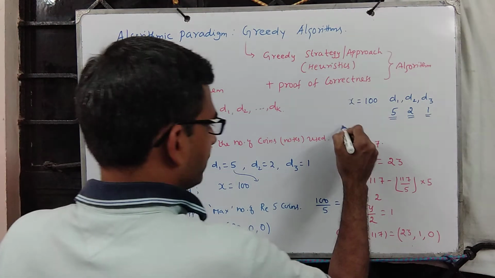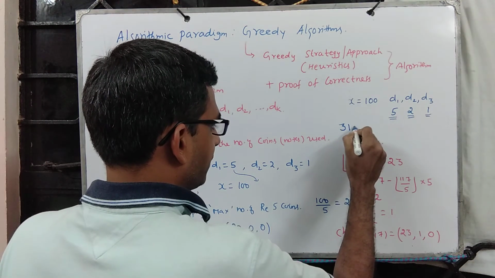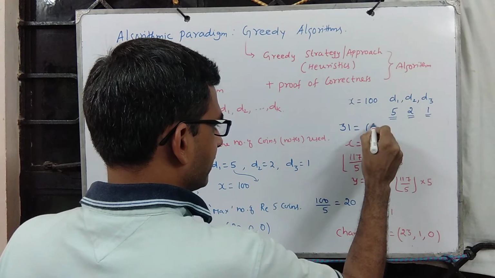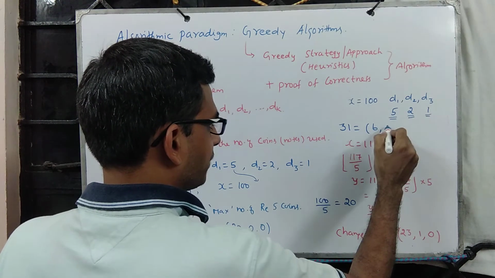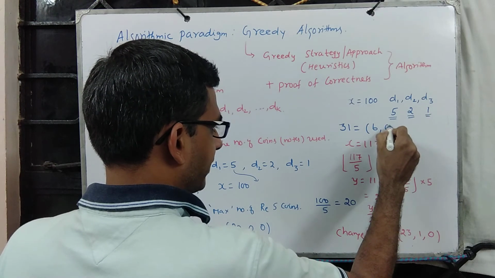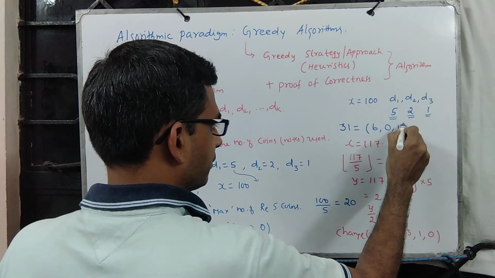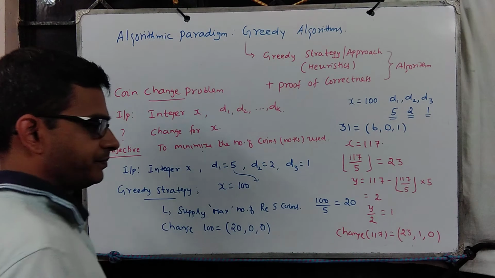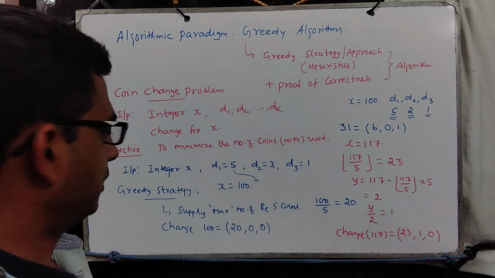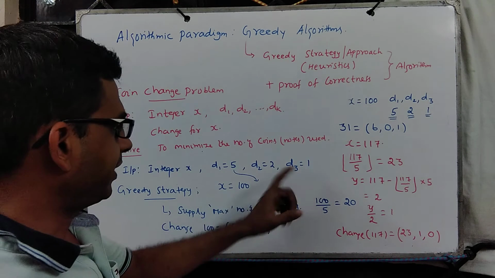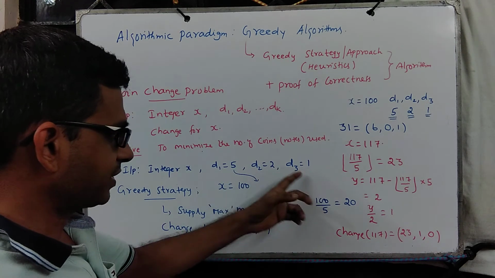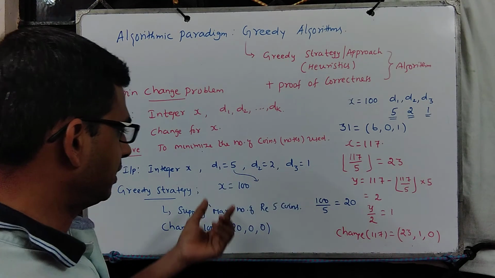Suppose you are asked to give change for say 31, then supply 6 5 rupee coins, then you are left with 1 that cannot be supplied using 2 rupee coins, so you give 1 rupee coin. Our greedy strategy is simple. Sort the denominations, maximum, second maximum, third maximum and so on.